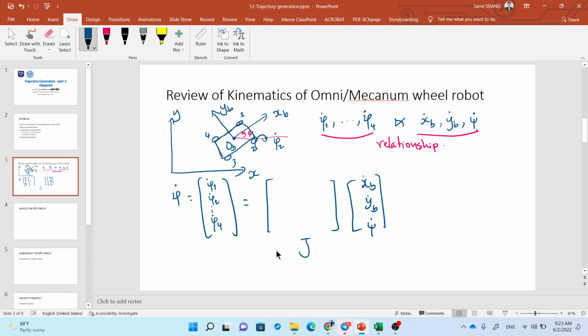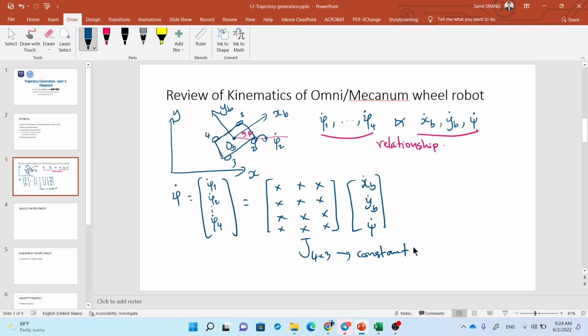Okay. And matrix J is constant. So we have element J11 here, J12 here. Okay, it's like that. So this matrix J has four rows for the four-wheel robot. Okay, 4 by 3. And J is constant.